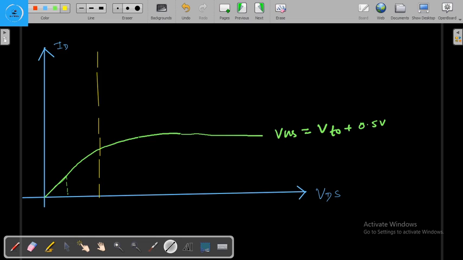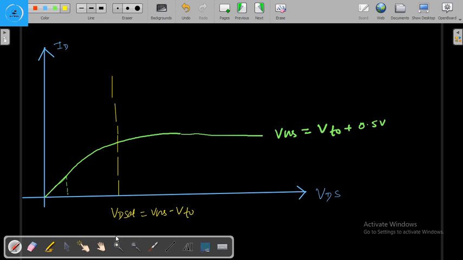At this point the drain current is bending, and beyond this the drain current is constant. So we can say this is the VDS set, this is the VD set, and it will be equal to VGS minus VT naught.